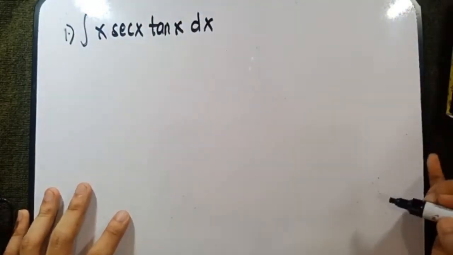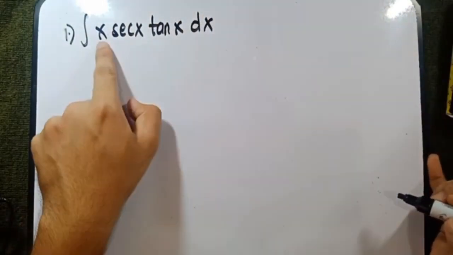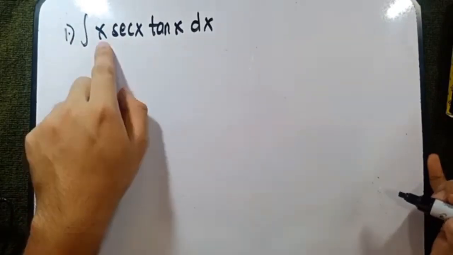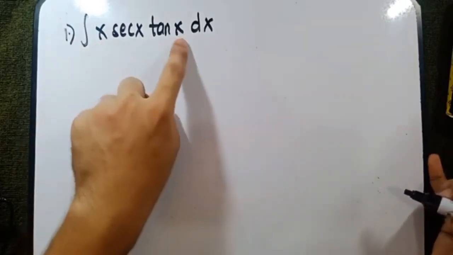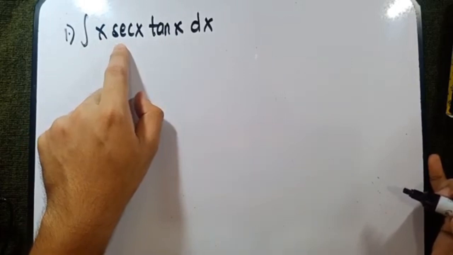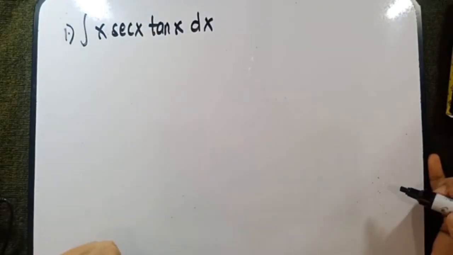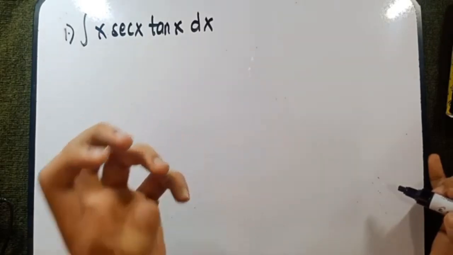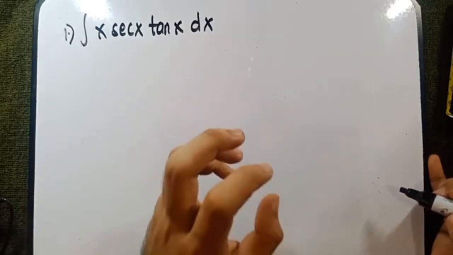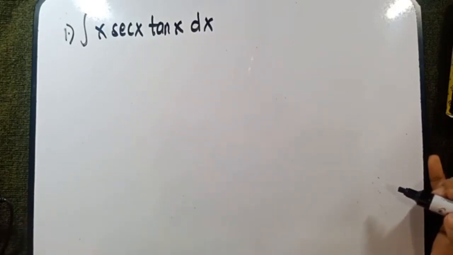Now, based on the given example, meron tayong algebraic, x, meron tayong trigonometric, secant x tangent x. Okay? Ngayon, base dun sa ating LIATE, mauuna yung algebraic expression compared doon sa trigonometric. So, ang u natin ay yung algebraic.